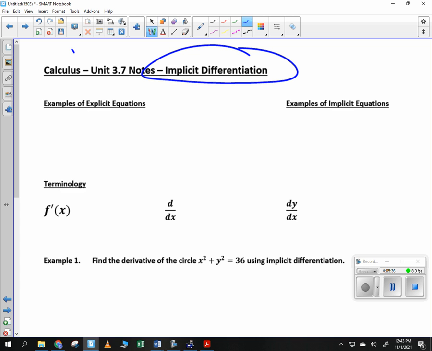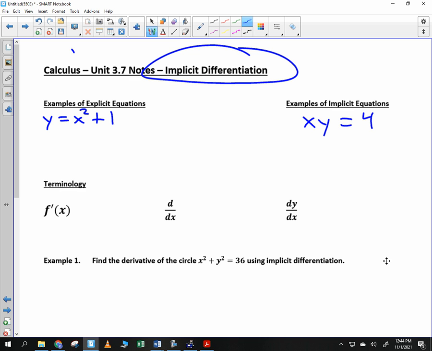And in order to understand that and this whole y prime thing, we need to start with explicit and implicit equations. So here's an explicit equation: y equals x squared plus 1. Here's an example of an implicit equation: xy is equal to 4.